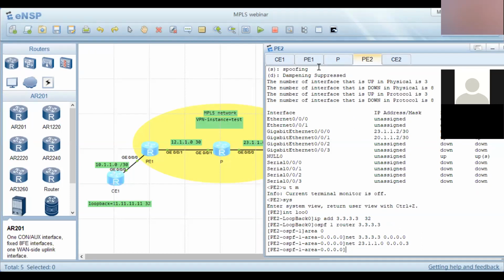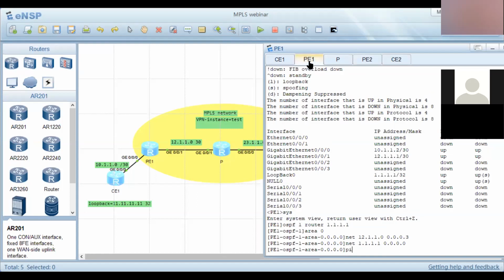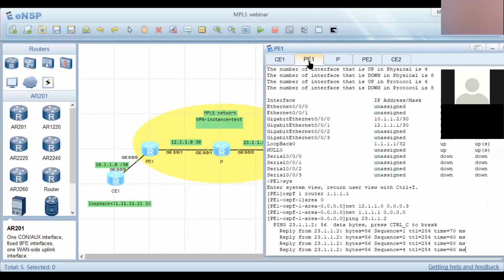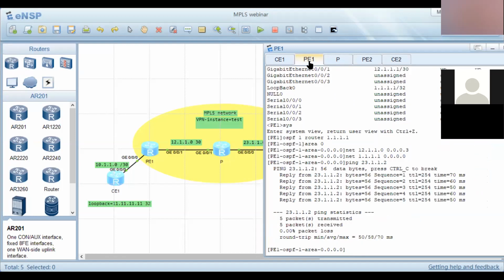Now we have to check if this router and this router are connected by pinging 23.1.1.2, which is pinging because OSPF is already done.